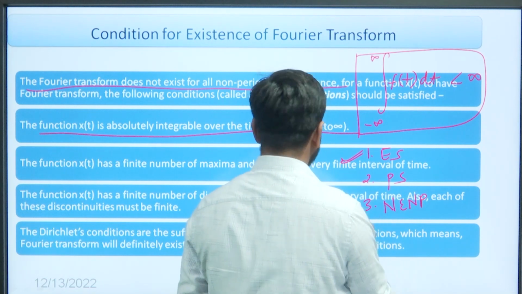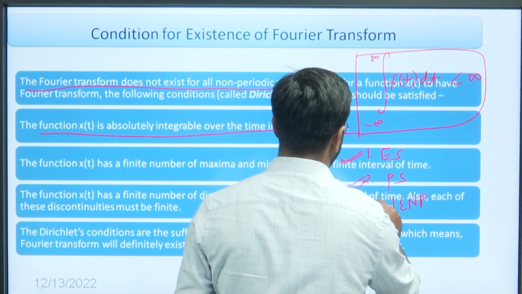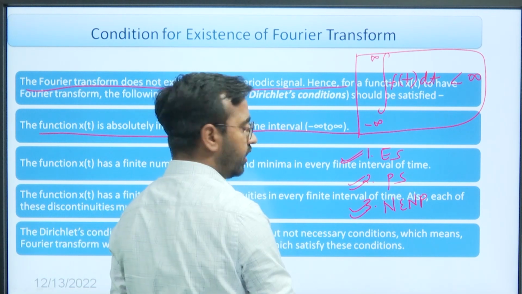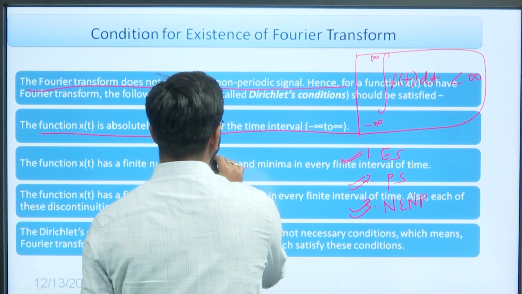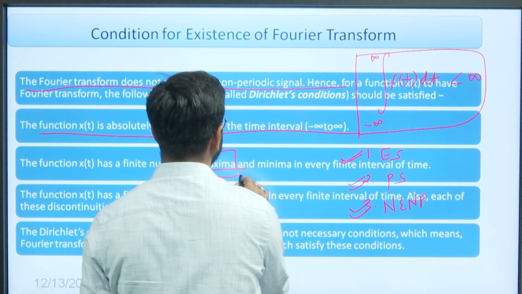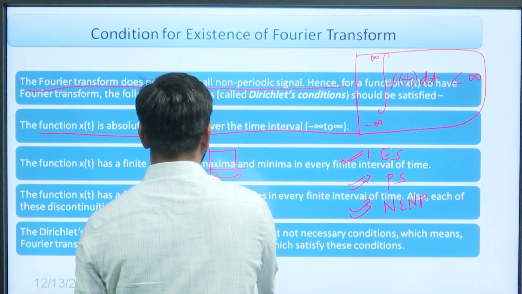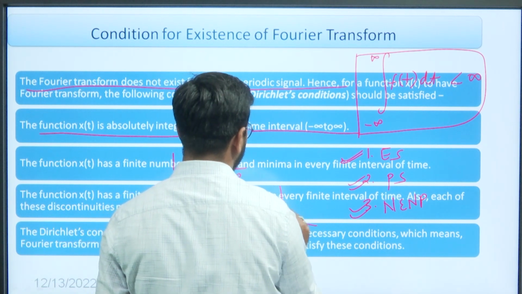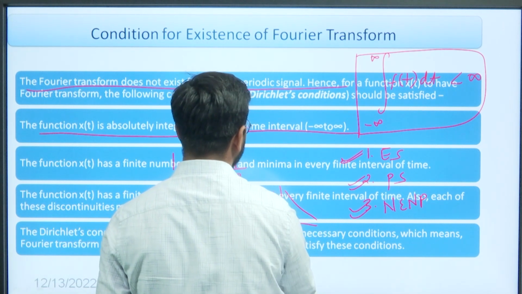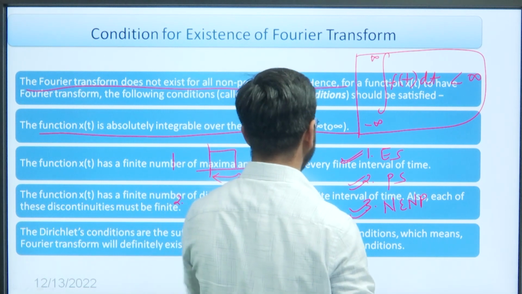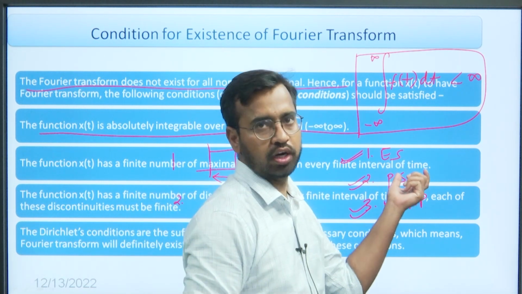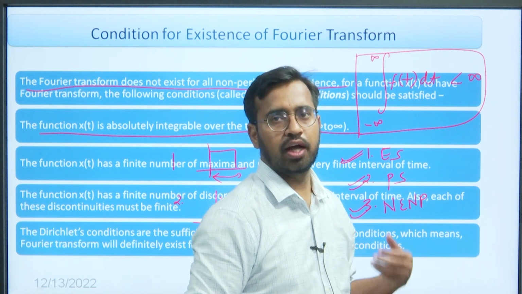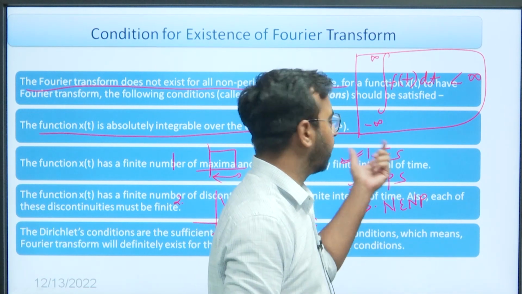Any signal which has finite duration, or any signal which has decreasing amplitude. I have told you a shortcut through which we can determine which one is the energy signal, which is the power signal, and which is neither.